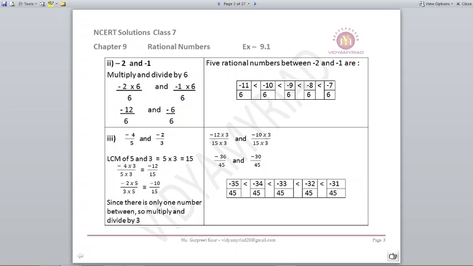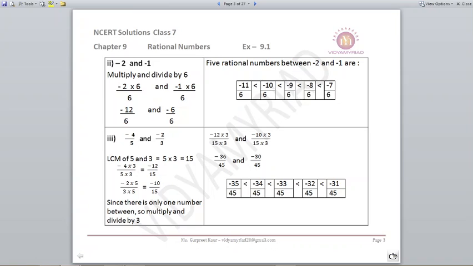Third case, -4 upon 5 and -2 upon 3. Here you already have denominators, but both are different. For that, we will make the denominator the same by taking the LCM of 5 and 3, which is 15. To make the denominator 15, I need to multiply the first number by 3, since 5 threes are 15, so the numerator also I will multiply by 3.